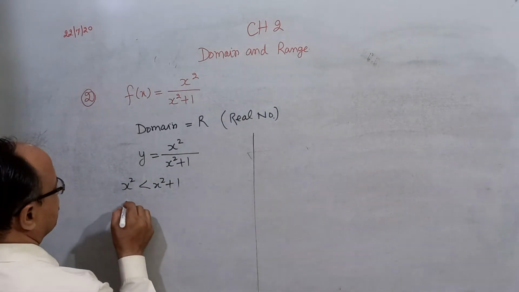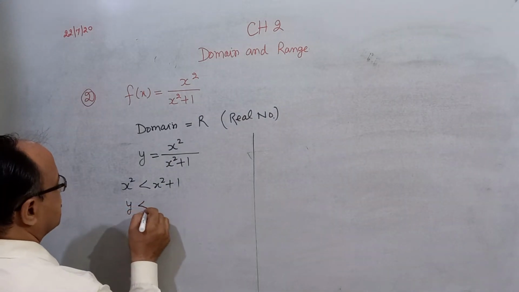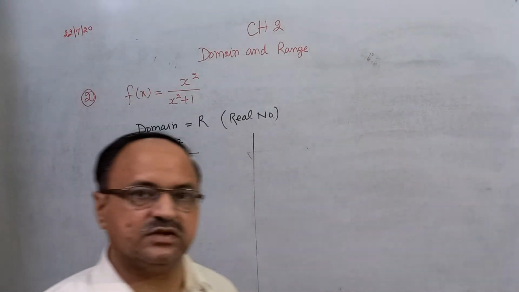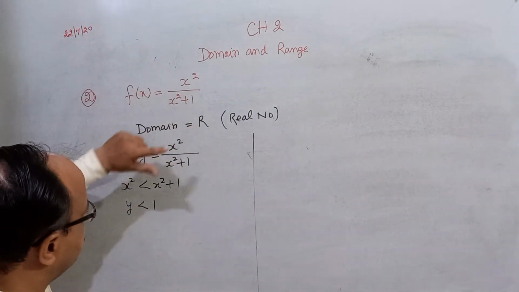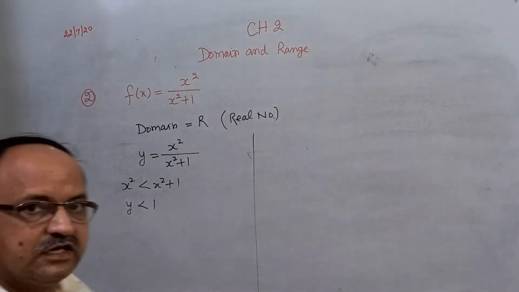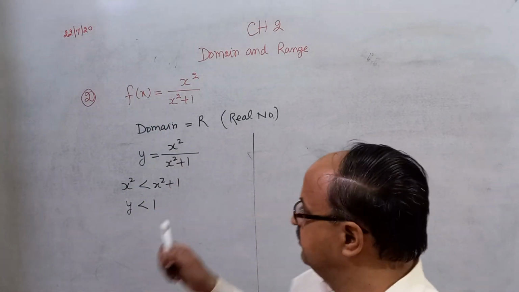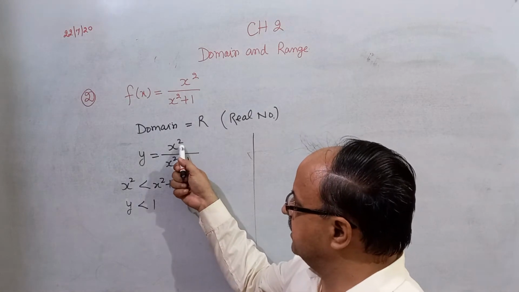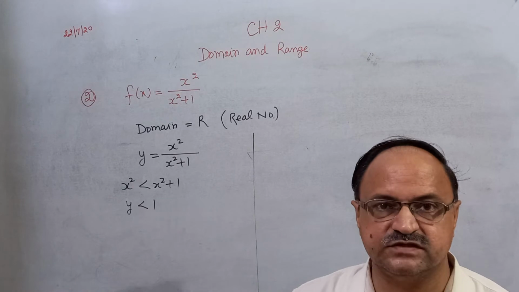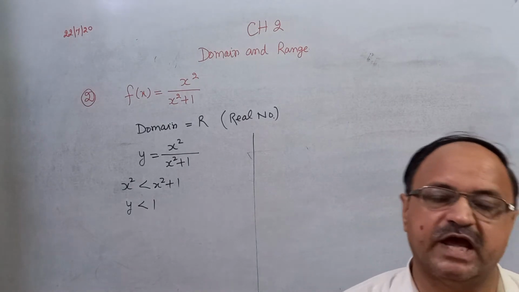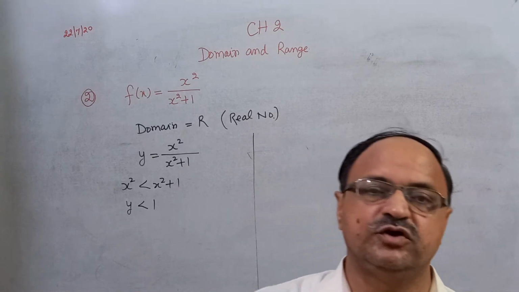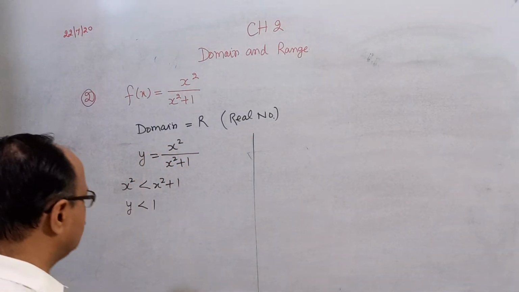So you can say y less than 1. When you put 3, square is 9 by 10. When you put 5, square is 25 upon 26, that is less than 1. It means any real value gives a result always less than 1. Therefore y less than 1.